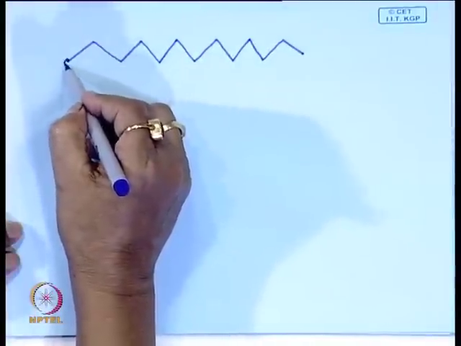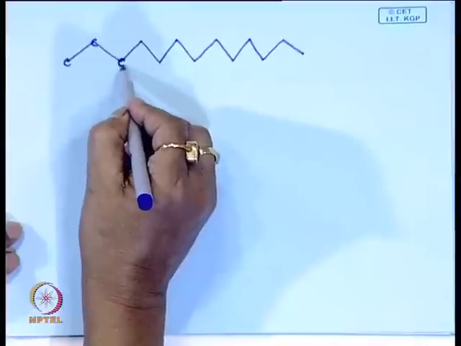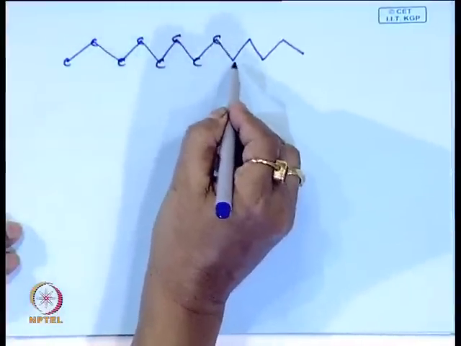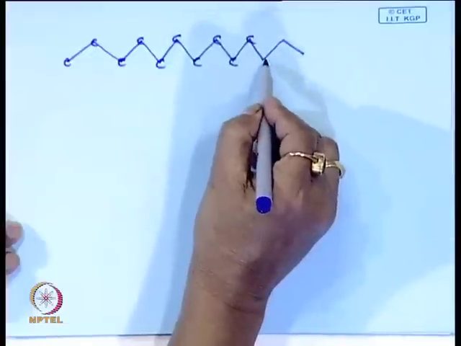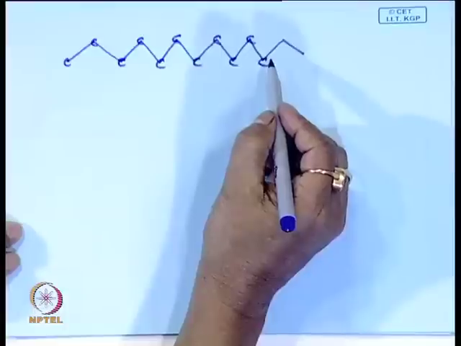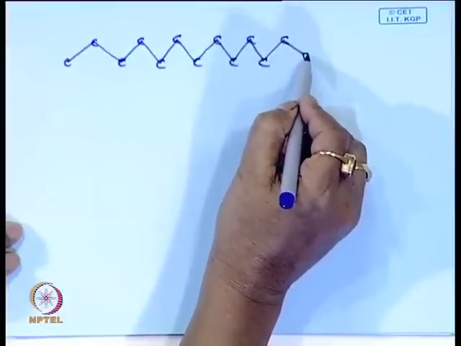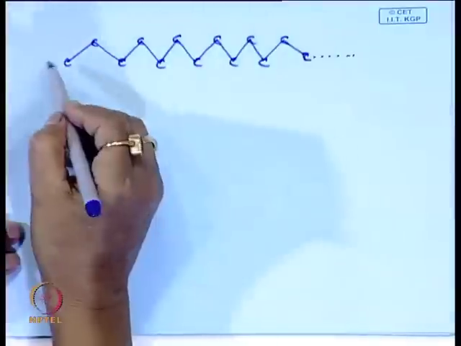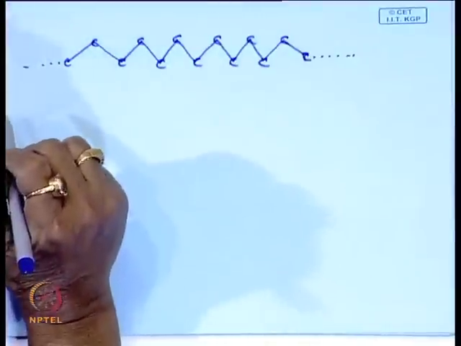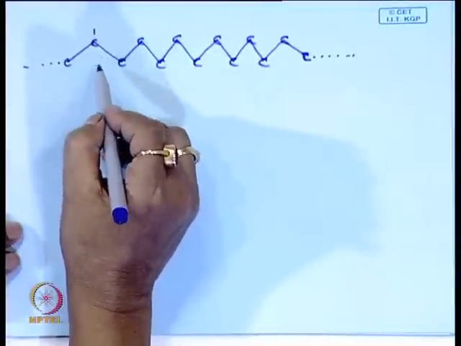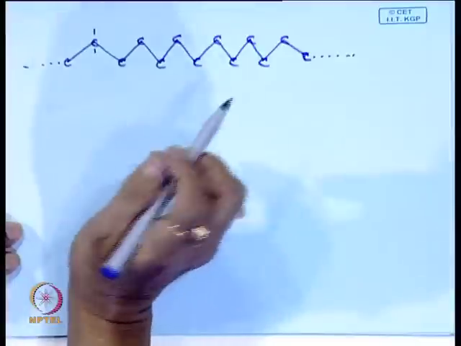Here is one C, one C, C, C, C, like this. This is the basic aspect of an isolated polymer molecule. So, it continues, and hydrogens are there. I am not showing the hydrogens.